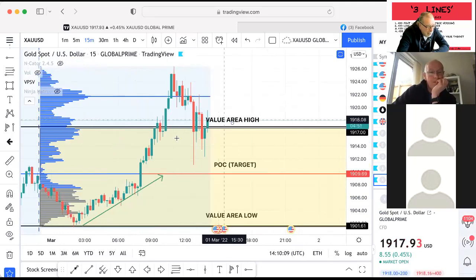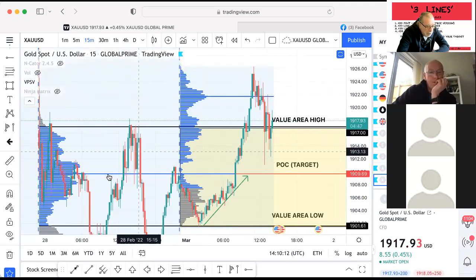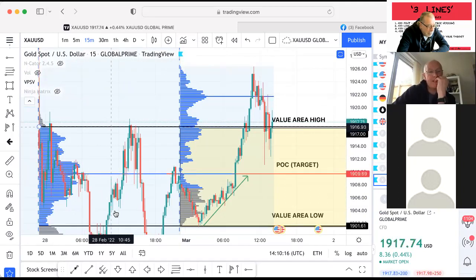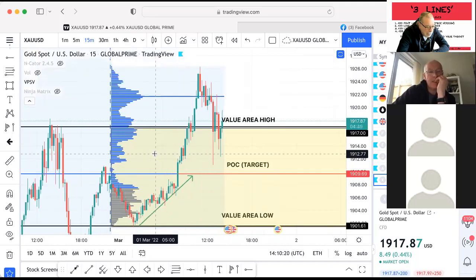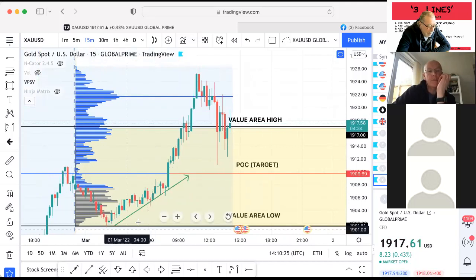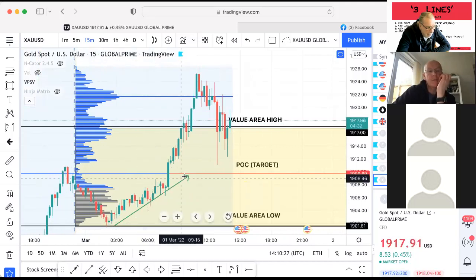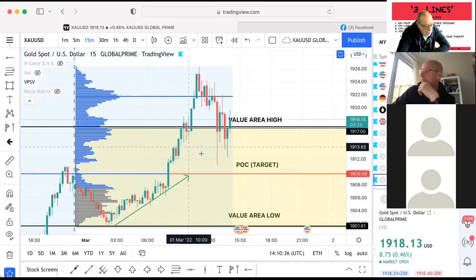Right. So let's just check we've got the... Yeah. This is yesterday's POC, the red line. This is yesterday's value area, the two black lines. So we're talking sense now. There was an opportunity for a buy. There was an opportunity for another buy. There was a further opportunity following Anastasia's approach.